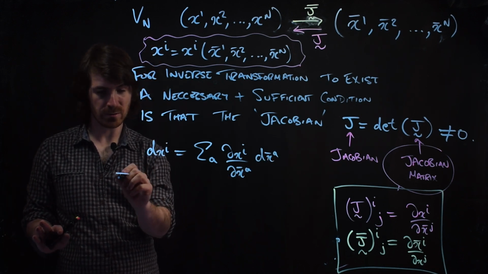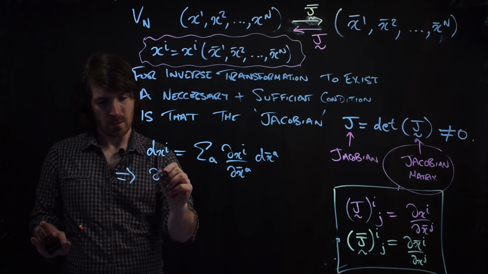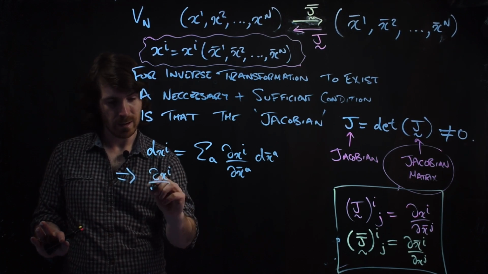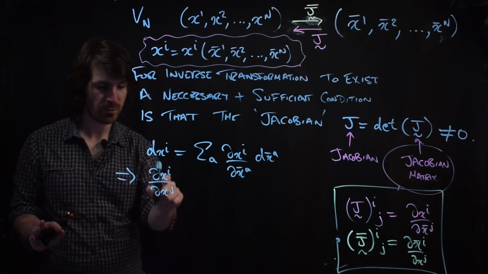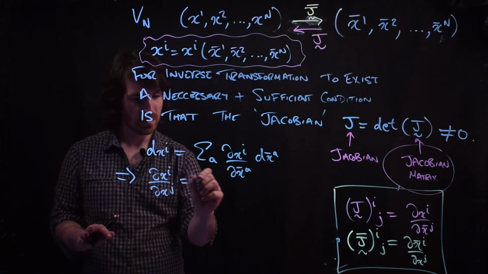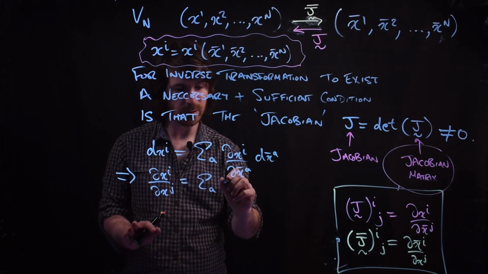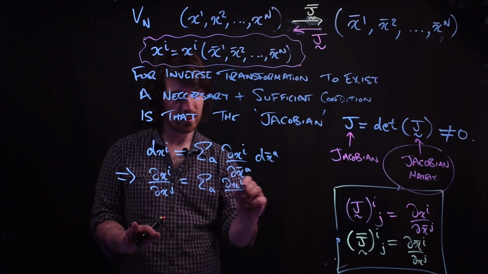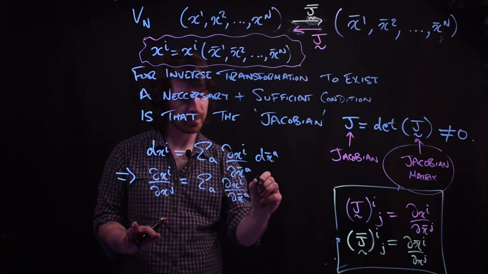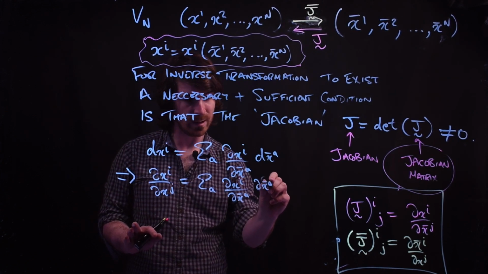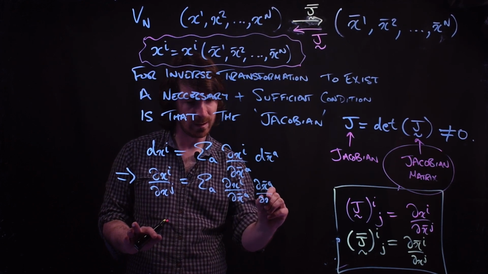So let's take a partial derivative. We can have dx i by dx j, both unbarred coordinates, and this gives us the following. We get a dx i by dx bar a, and we get a dx bar a by dx j.